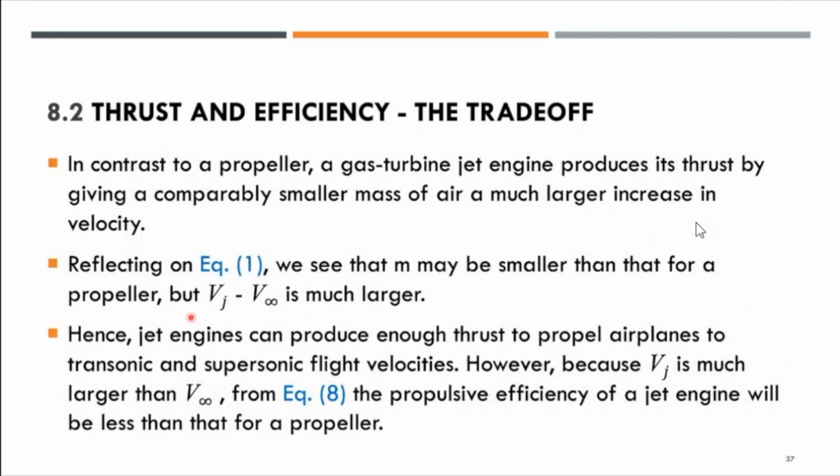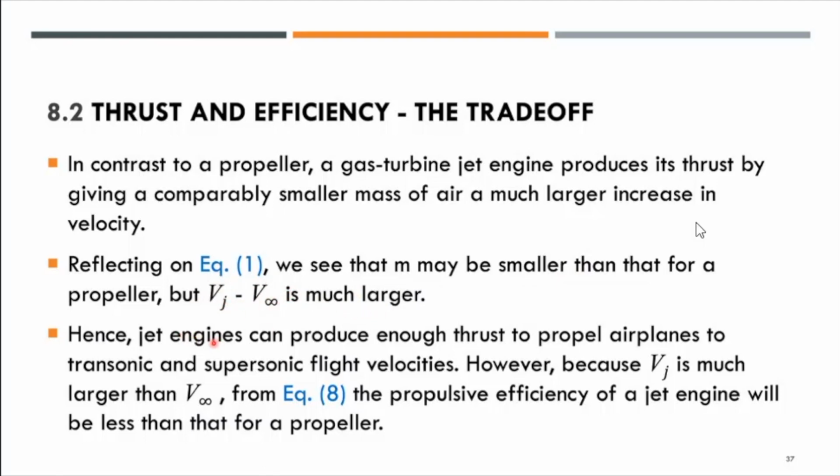In contrast to a propeller, the gas turbine engine produces its thrust by giving a comparably smaller mass of air a much larger increase in velocity. This is the opposite of the propeller. Reflecting on equation 1, the thrust equation, the mass may be smaller than that for a propeller, but the velocity difference is much larger.